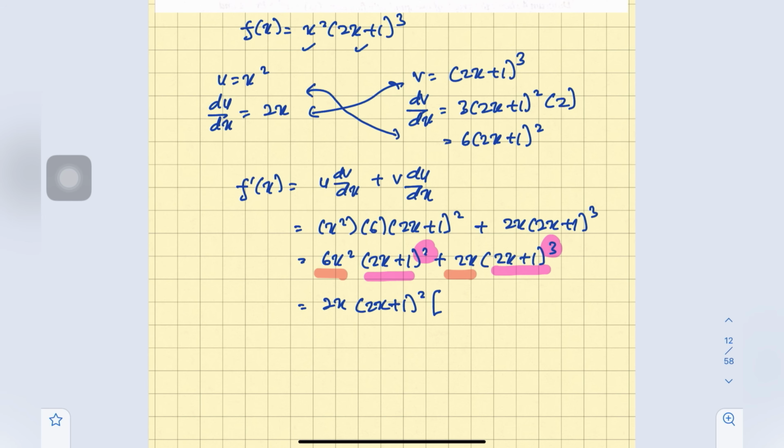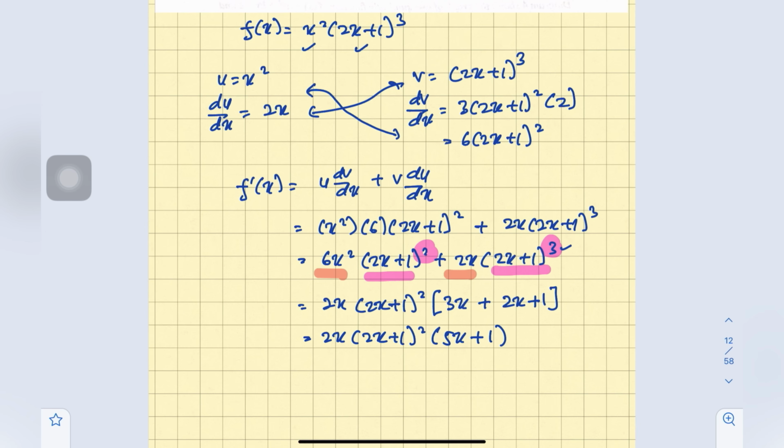So in the big bracket, we got 3x plus (2x + 1), taking out 2 leaves 1. So this one is 2x(2x + 1) squared (5x + 1). So this is what we get.